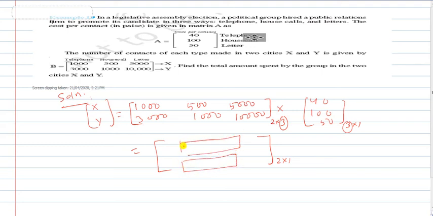So this is the first row and first column. This is 1000 into 40 plus 500 into 100 plus 5000 multiplied by 50. This is 3000 multiplied by 40, second row and first column, plus 1000 multiplied by 100, and this is 10,000 multiplied by 50.